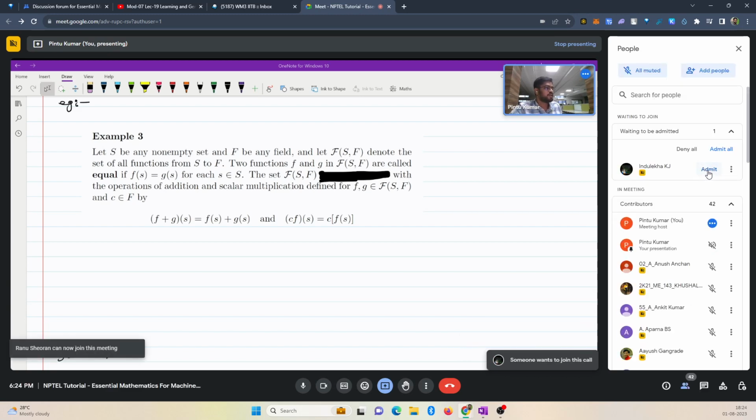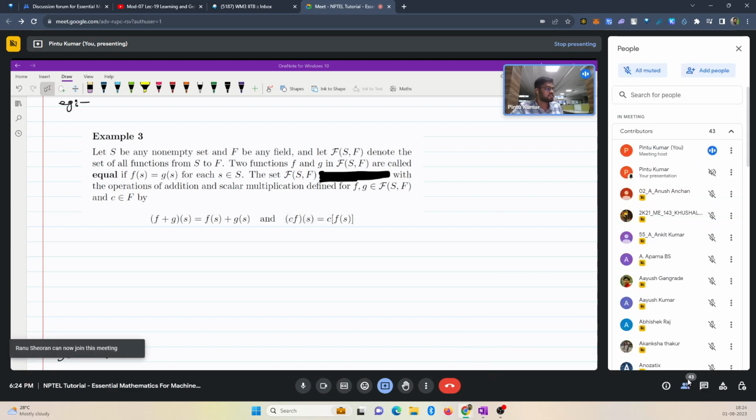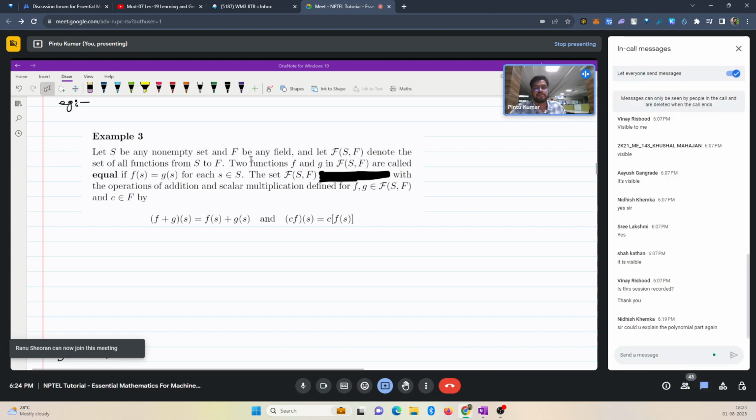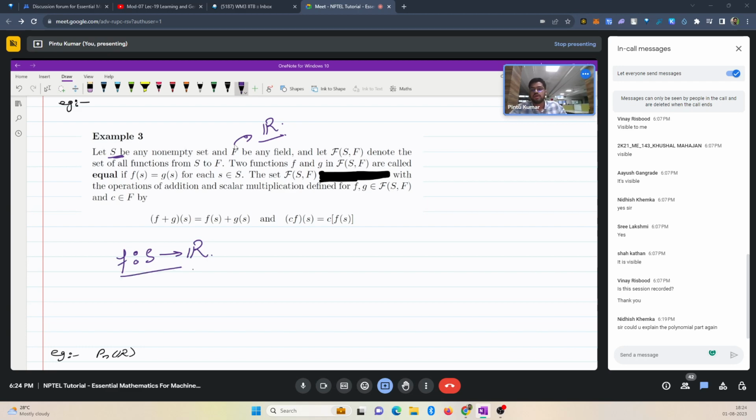I'll skip it right now. It's a mathematical entity. You just imagine a field as something like the set of real numbers. Let's say you have a set S, and you have some functions from S to R.